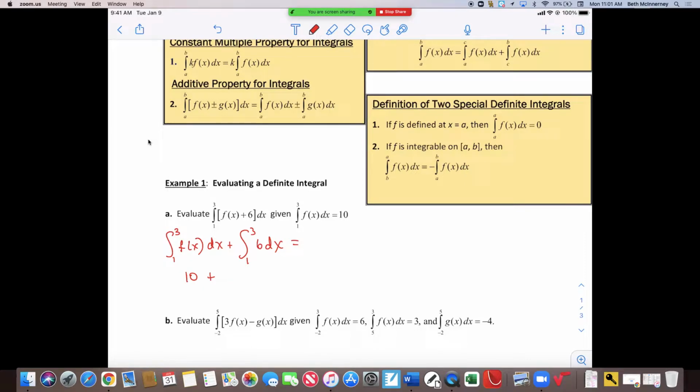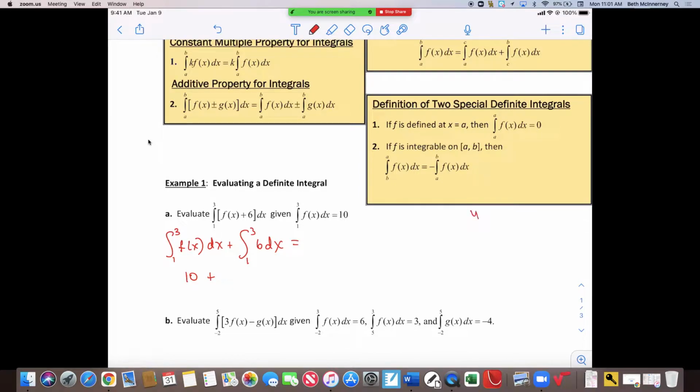I want to pause here a moment before I finish this one. Do you understand that what is inside the integral is f of x, or a y? So if I have y equals 6, what is the graph of y equals 6? It's a horizontal line, right? So watch this.